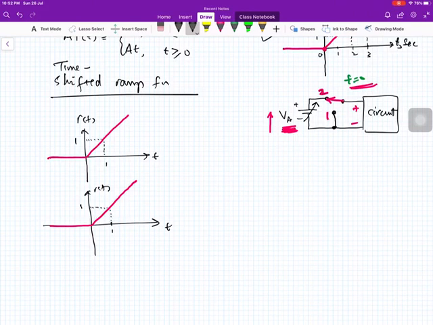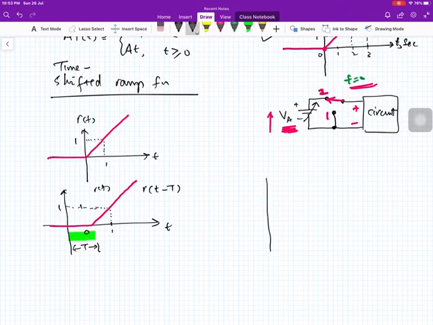If we shift the origin to the negative side by an amount T seconds, then this will be represented as r(t minus T). We have shifted the origin to the negative side.